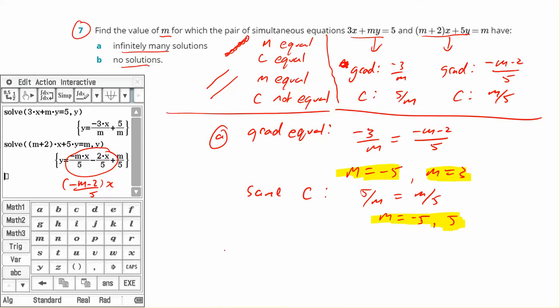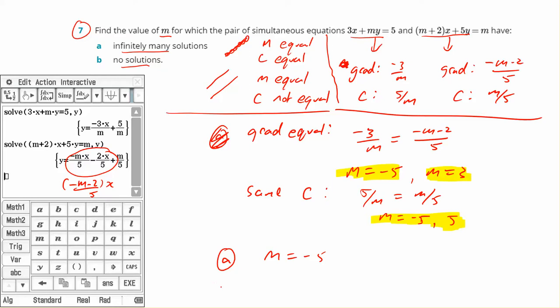So for part A, we want the gradient to be equal. There are two possible values for the gradient to be equal: m equals -5 and m equals 3. And we want the y-intercept equal, so -5 and 5. Can you see that they both have -5 in common? So if I choose m equals -5, that satisfies the condition of both the gradient equal and the y-intercept equal. So it gives us infinitely many solutions.